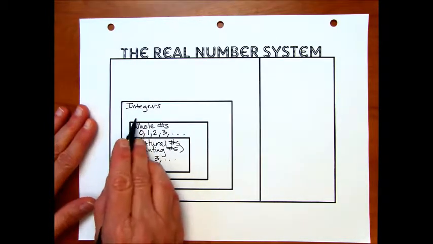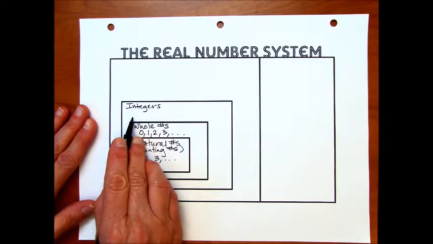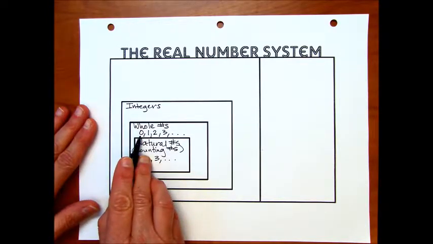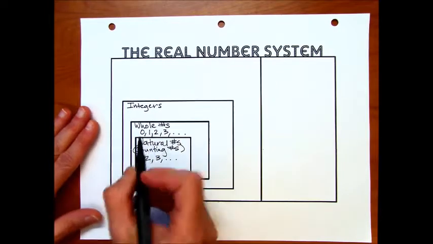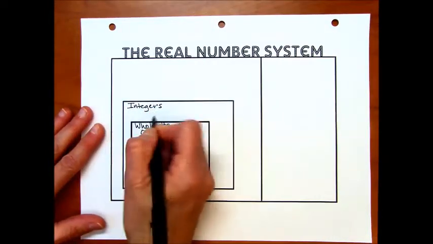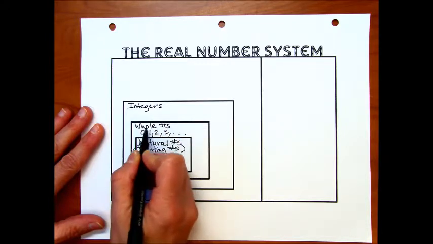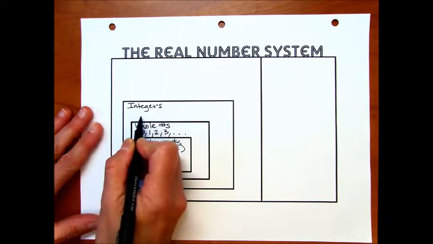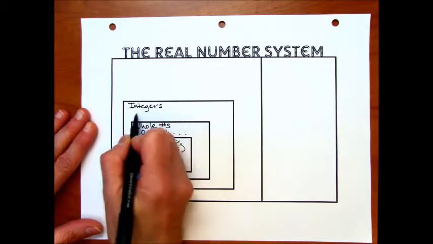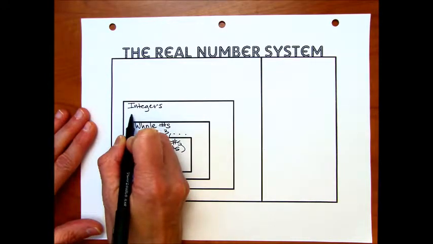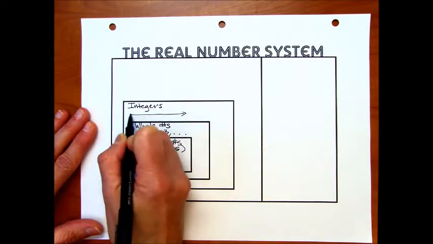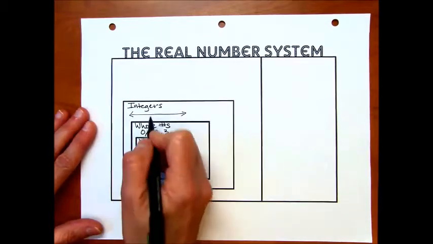Integers will also include negative numbers plus the 0 and the positive numbers. It's going to go to infinity on both the negative and positive sides, so I'm going to represent this with a number line going in both directions.